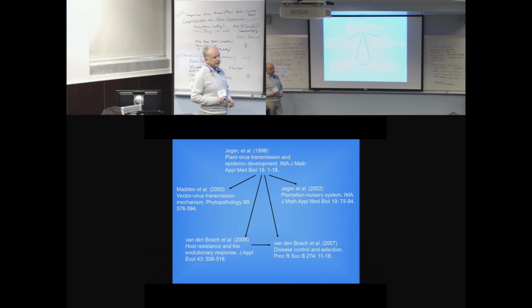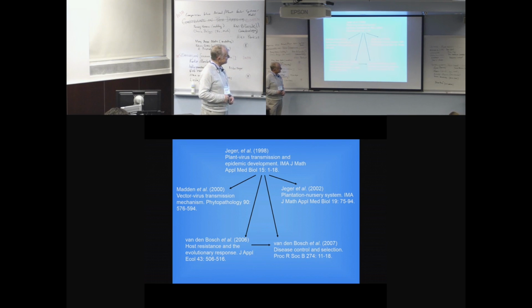And there was another one where we were looking at a system where, in addition to the vector transmission, there was also transmission between taking cuttings, growing them on, and replanting them. So in this particular system, there were two pathways of transmission, which made the derivation of an overall R0 quite difficult to interpret. And nowadays, I would simply interpret this as an invasion threshold.